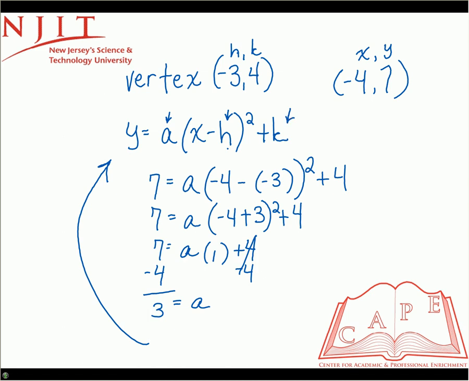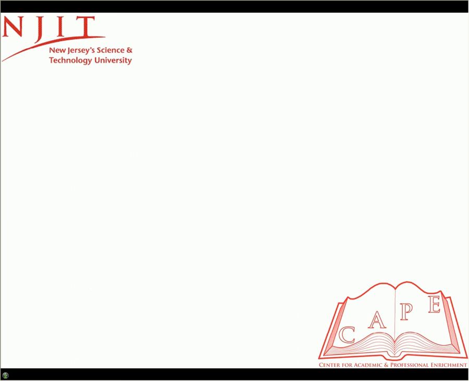So our final answer is simply going to be y is equal to 3, because a came out to be 3, and then x minus negative 3, which is going to be x plus 3, squared, and then plus k, which was plus 4. So this is our final answer of our quadratic function in standard form.